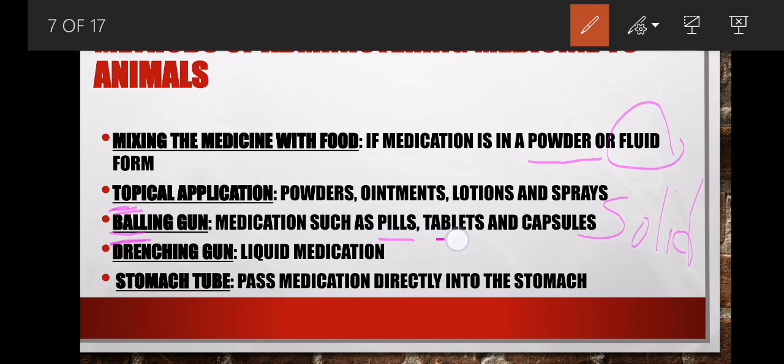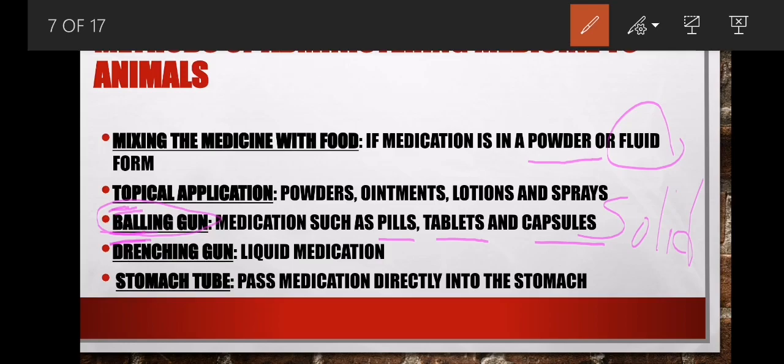Such as pills, such as tablets, and such as capsules. So you see that this type of medication is a solid medication. And which instrument do we use to apply this type of medication? It's an instrument that we call a bowling gun. It's very important to note this one.